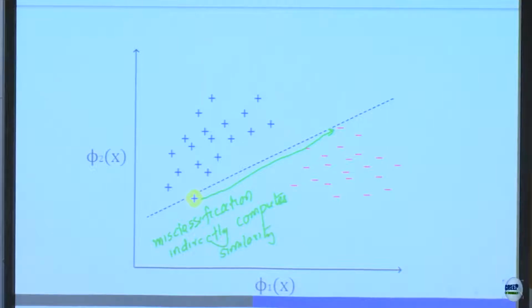Think of this previous one as the x prime and think of this as the x. So it computes the similarity k(x, x prime) through the classifier. And now the classifier will no longer be parameterized using w's, it will be parameterized using the alphas, the alpha weighted sum of the similarities.